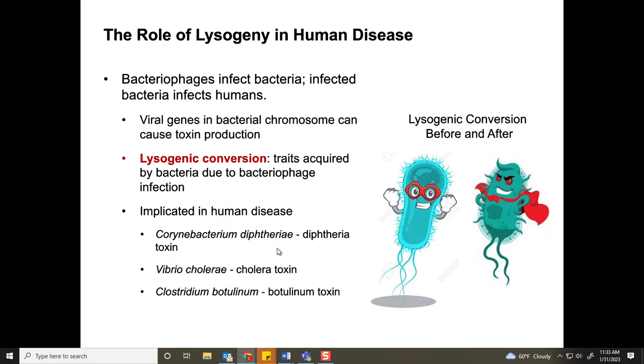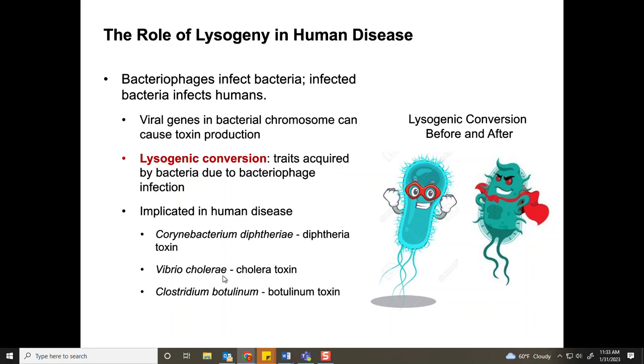So if we look at some examples, we have three bacteria listed here. We have Corynebacterium diphtheriae. This causes diphtheria, and it produces a toxin called the diphtheria toxin, and the reason why it's able to produce that is because of this lysogenic conversion, where a Corynebacterium diphtheriae bacterium was infected with a virus that gave it that trait to be able to produce a toxin.